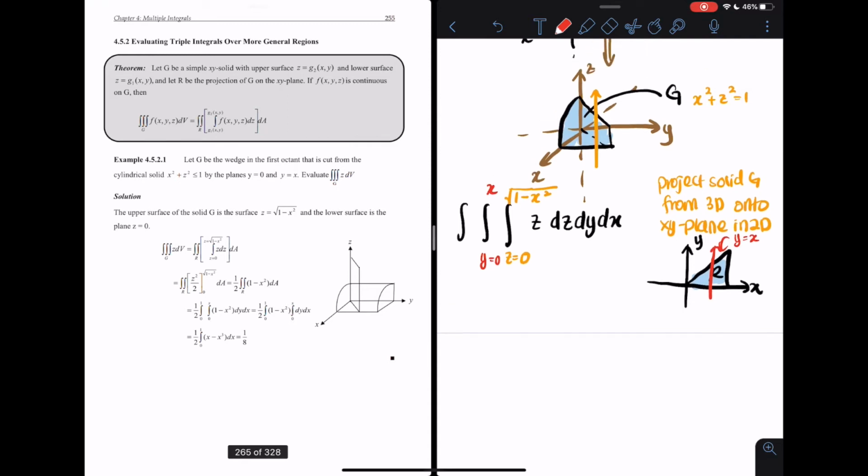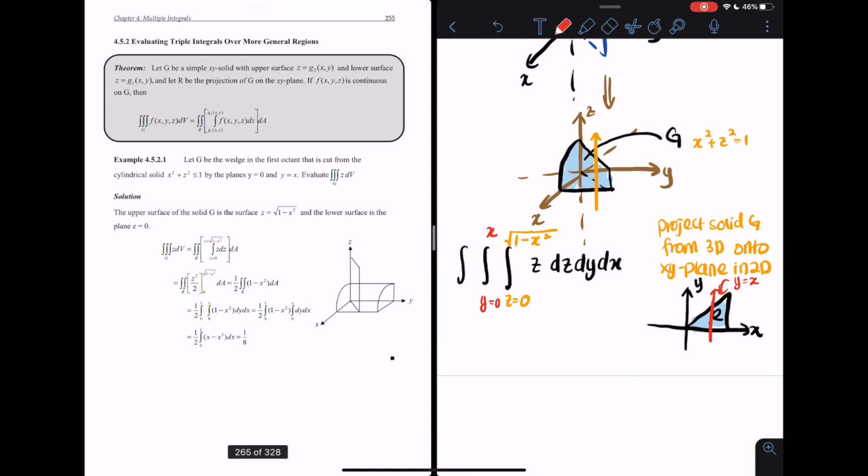Before this, I know that the radius of the circular cylinder is 1, so the value over here should be 1. So x will start from 0 and end at x is equal to 1. This is the triple integral setup for this kind of question.